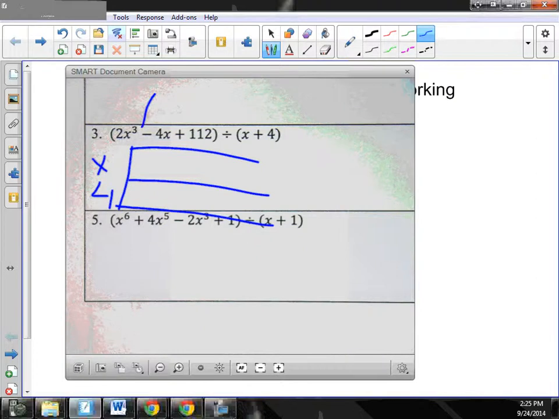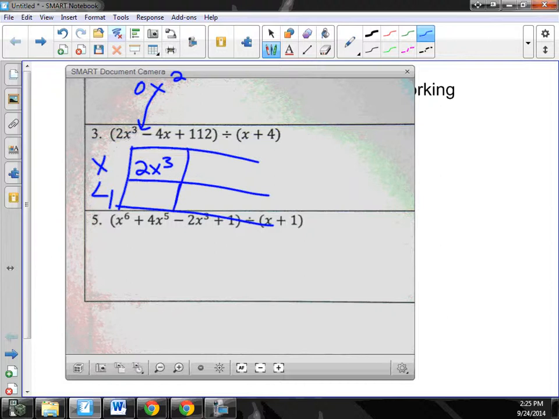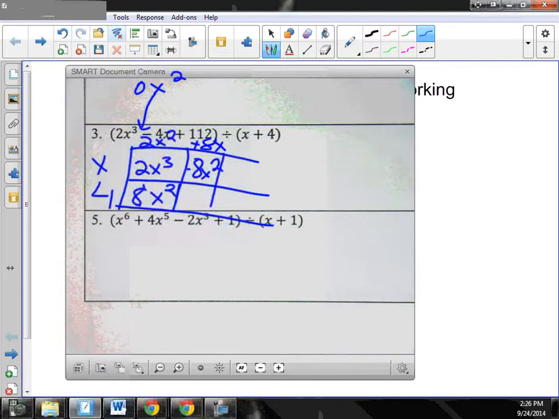So it might help to insert 0x squared, just so you remember. 2x to the 3rd. So this would be 2x squared, 8x squared. And then my 8x squared needs to become 0x squared. So this would be minus 8x squared. So on top I would have 8x. 8x times 4 is 32.